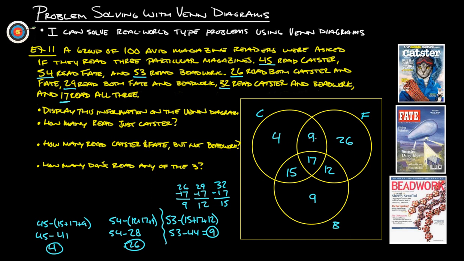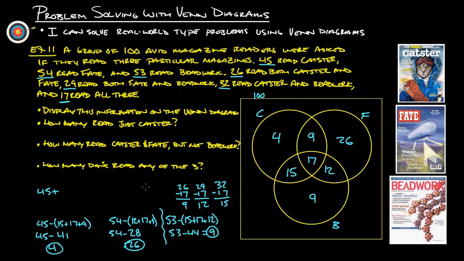There's 9 that read just Catster and Fate, but not Beadwork. Okay. Now let's figure out how many total are in here, because we know that there are 100 total readers. So let's see how many don't read any of these. There's 45 total in Catster.